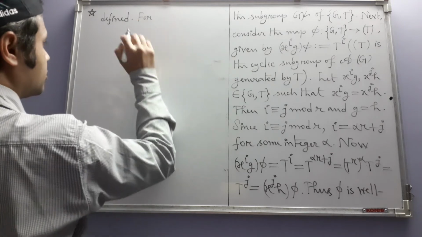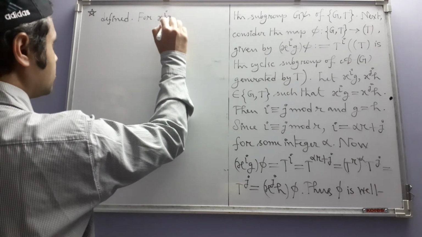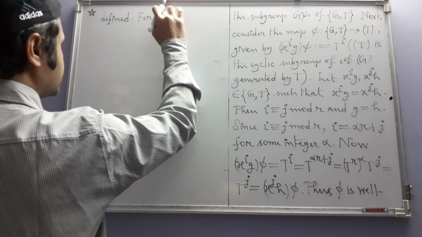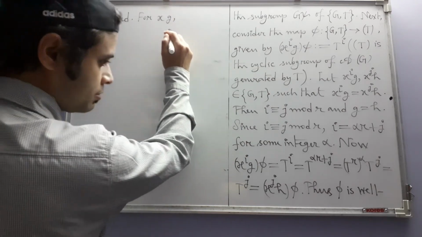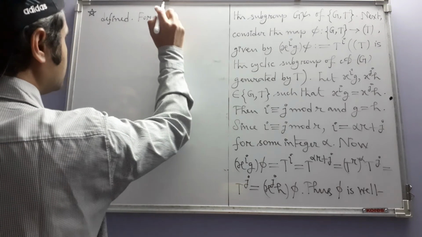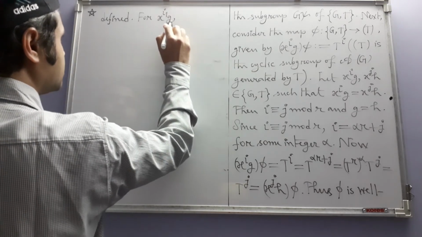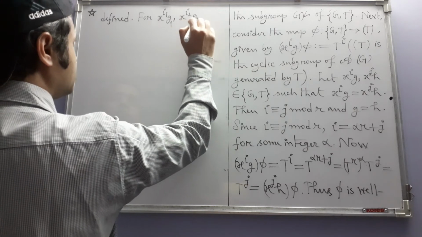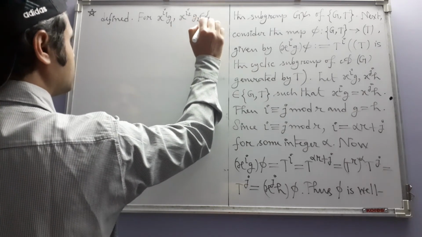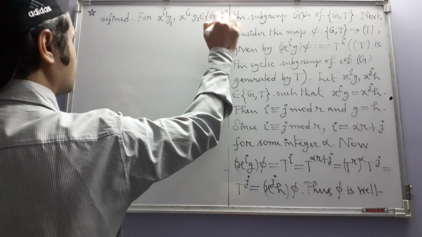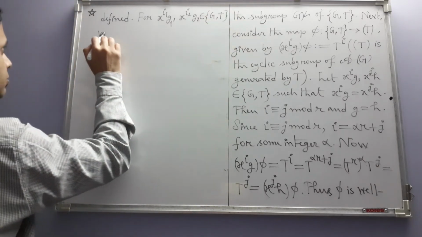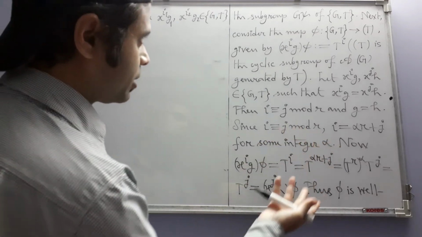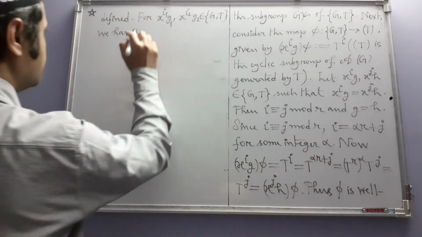Now let's take something else. We can take g1 and x to the power xi g2 belonging to this. Next we want to show that our map phi is a homomorphism.